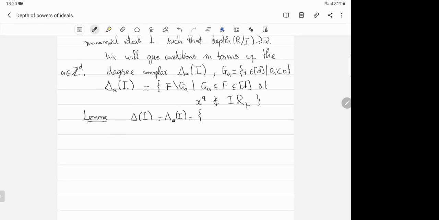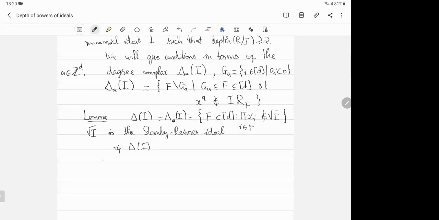So this is for F containing D such that the product of everything is not contained in the radical of I. The radical of I is a squarefree ideal. And so you can check this is the Stanley-Reisner ideal of delta(I).